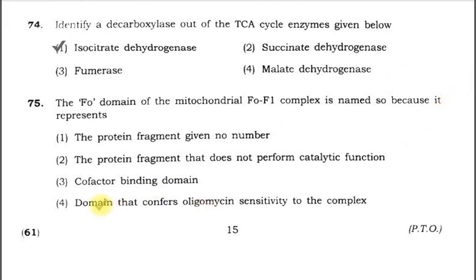Here the correct option is number 4. Actually, it is not F-zero but should be F-O, but it is a misnomer, so it is written as F0. The O stands for oligomycin, which is a natural antibiotic that is able to inhibit ATP synthesis.